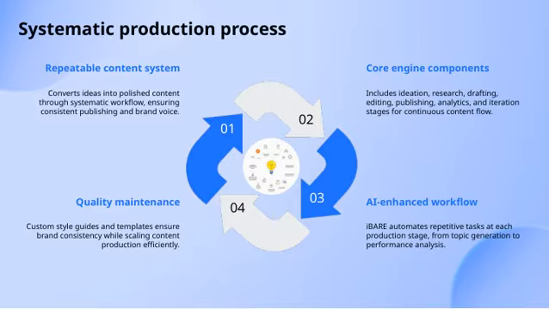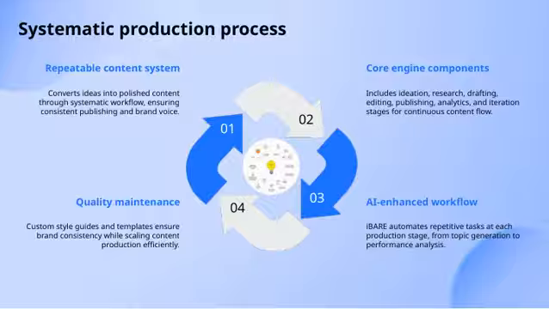Then, there's the importance of quality maintenance. To do this efficiently at scale, we rely on custom style guides and templates. They help us stay on brand while speeding up the production process, so we don't compromise quality for quantity. Finally, we leverage AI-enhanced workflows. Our IBARE system automates repetitive tasks at each stage, from generating topics to analyzing performance.